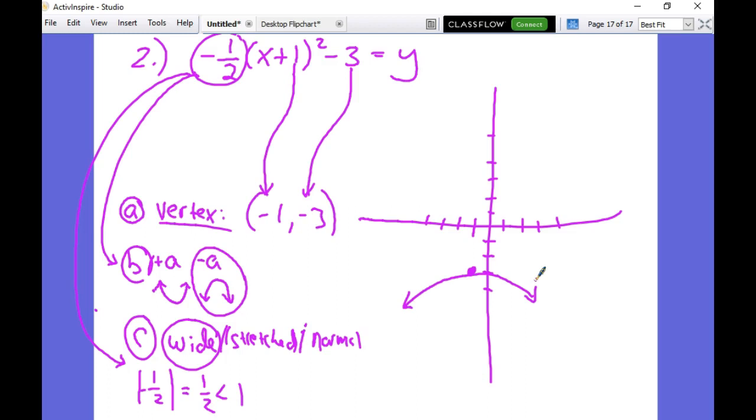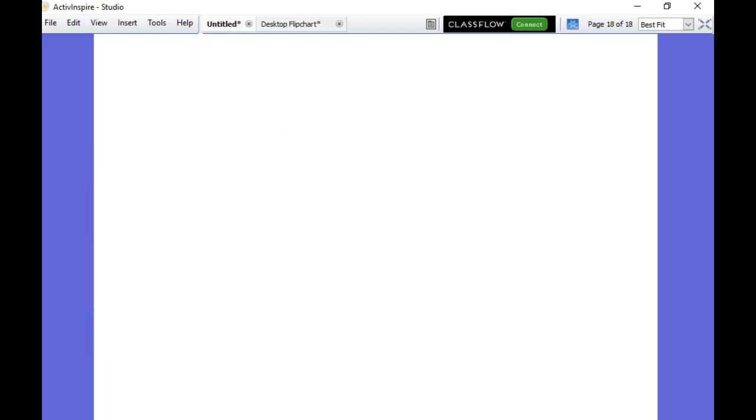Just so long as you know it's wide, I don't care how wide you make it. The reality is, the smaller this fraction is, the wider it gets. Okay? But we're not being that specific. All right. So, I want to throw another one at you here before we begin.